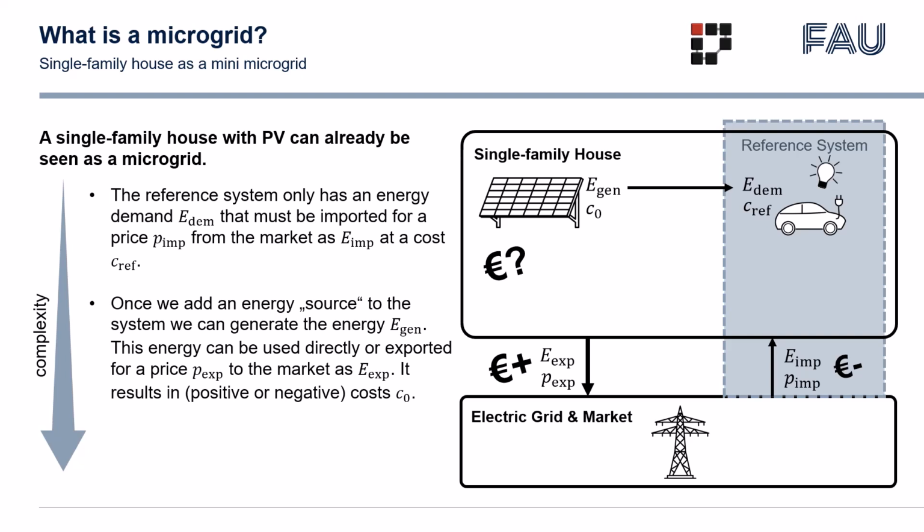Obviously, C0 here can be positive, so you might have to pay more in the end. So it would be, from a cost perspective, more optimal to not invest into a photovoltaic system at all. But in most cases, C0 here is actually negative. So negative costs, which means you are saving money.